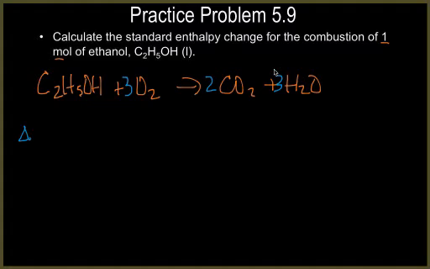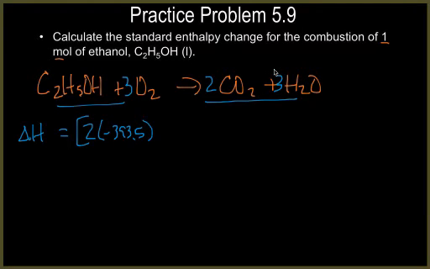I'm going to take the overall heat of reaction, or the overall heat of reaction equals heats of formation of all my products minus reactants. So I have 2 CO2s, so 2 times negative 393.5 kilojoules, and again, these numbers are coming from a table in the back of the book, plus 3 times water, negative 285.8.